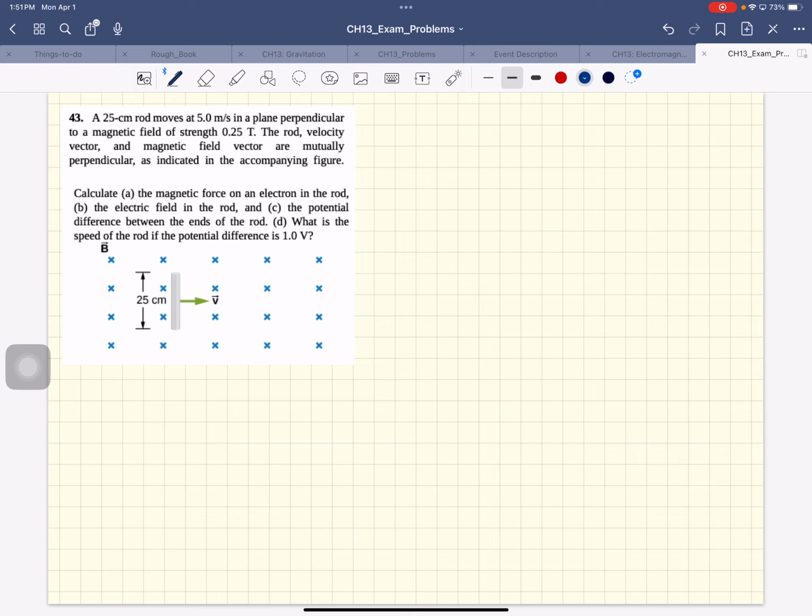So there's an electron moving in this direction, and what would be the force? The force on a positive charge is V cross B. V cross B would be a force in that direction, so the force on the electron is downward.